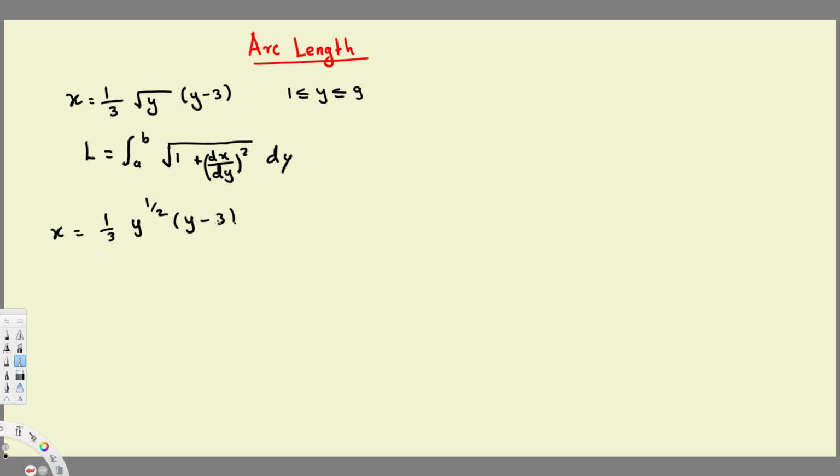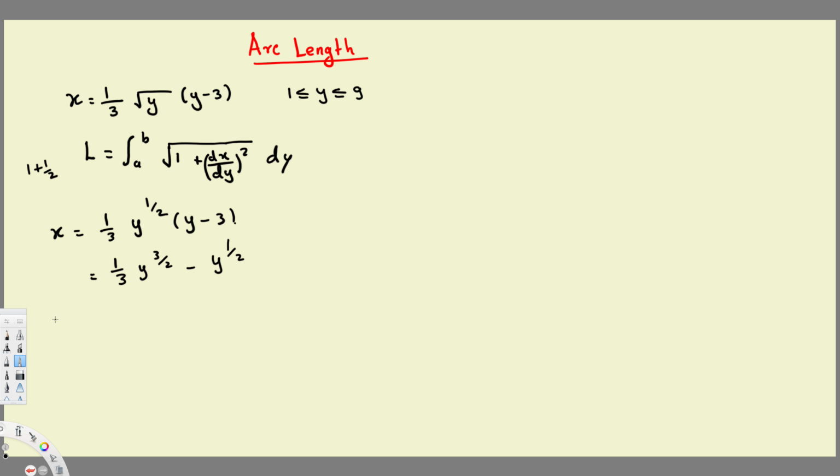Let's do the multiplication. y to the power half times y is 1 plus half, which is 1.5, or 3 over 2. So we have 1 over 3 times y to the power 3 over 2, minus 3 y to the power half times 1 over 3. The 3 cancels, and we only have y to the power half.